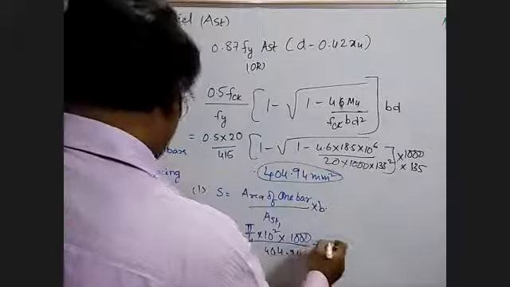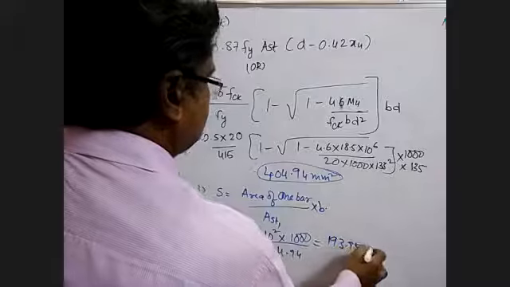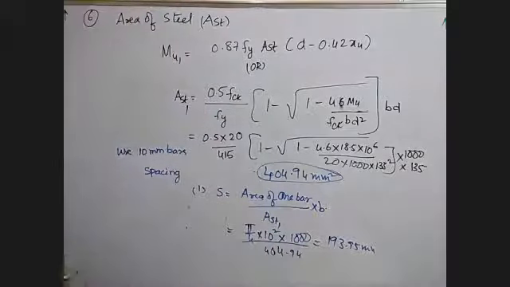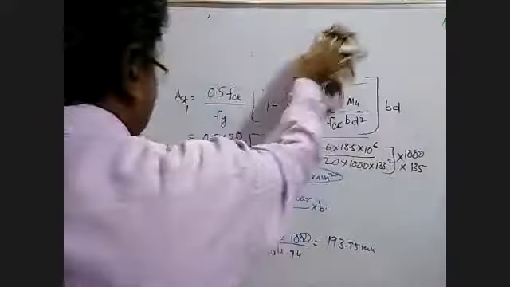So you'll get spacing as 193.95 mm. This is spacing 1. Now calculate spacing 2 and spacing 3.